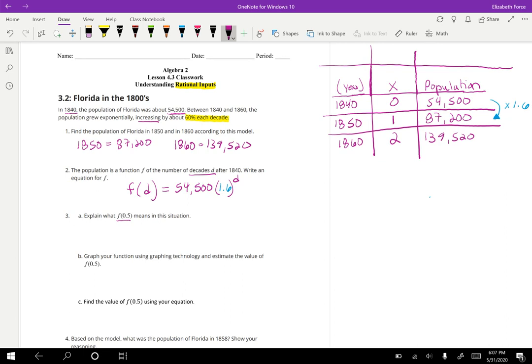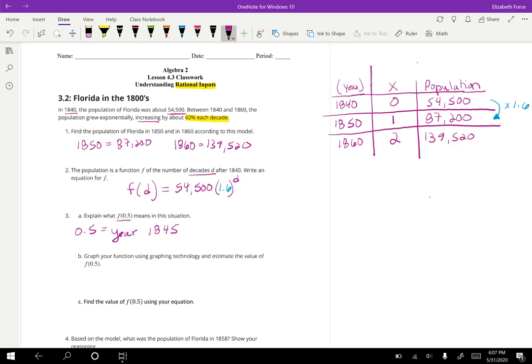So 0.5 means that this is the year 1845. That's what that 0.5 is referring to. Guess I didn't need to draw those.